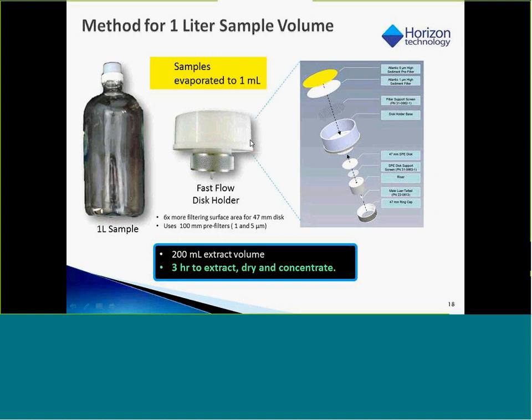To show a little bit about the disk holder in this case, we used a fast flow disk holder for the 1 liter samples, because these samples sometimes have particulates in them. So they're a little bit more complex and disgusting, if I can say so, than a drinking water sample would be.